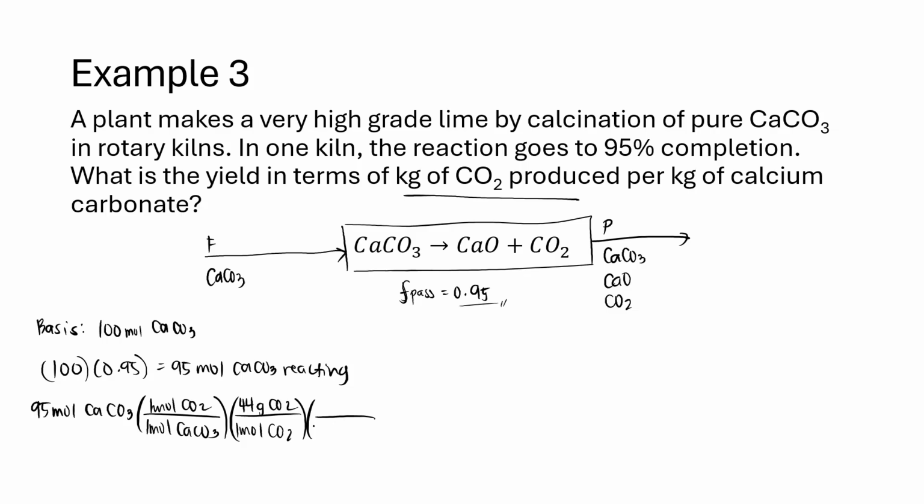And then we convert grams to kilograms by dividing by 1,000. So that's the CO2 produced. 0.95 times 44 times 1 over 1,000, 0.0418 kilograms.